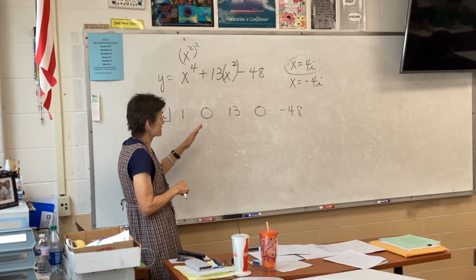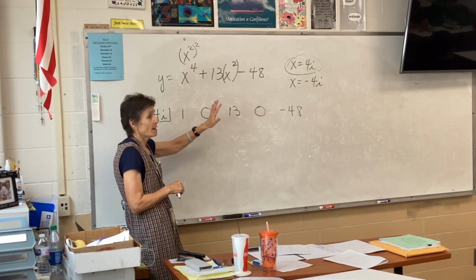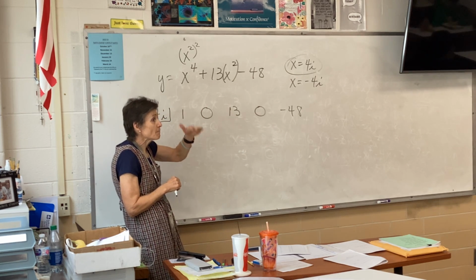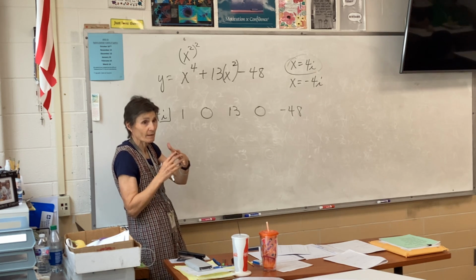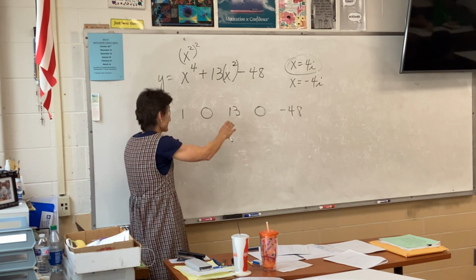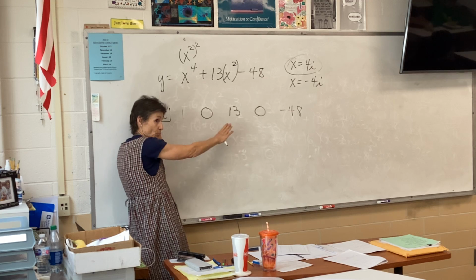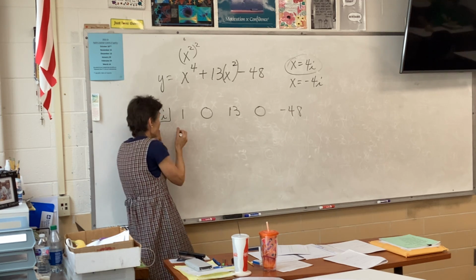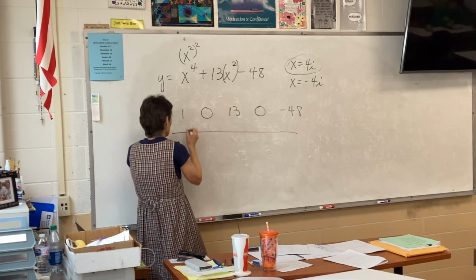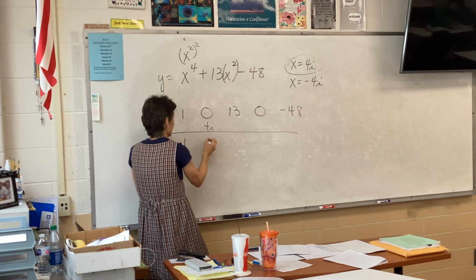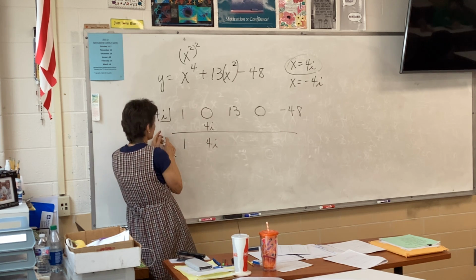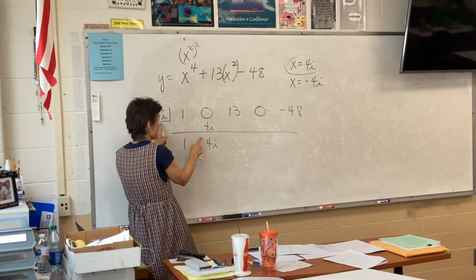All right, so back to this. I'm not gonna go through all this, but I wanna show you, if you didn't notice that was in quadratic form, this would be your setup for your division. Everybody good with that? And then we would do the division. Now, this one's a little easier, because what's 4i times 4i?